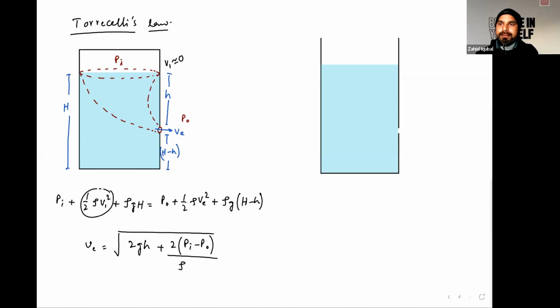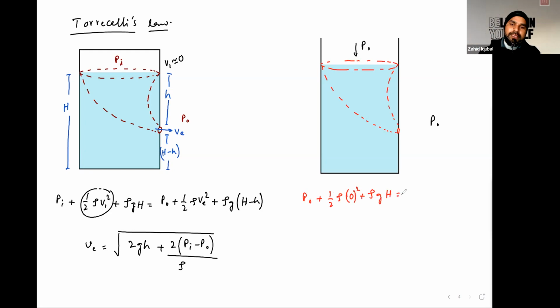But in terms of open tank, since at this point pressure will be P naught and also at this point pressure will be P naught, if you're assuming this particular part to be in the form of a tube, and you apply Bernoulli's principle in this section, it will be P1 plus half rho V1 square plus rho g h1 equals P2 plus half rho V2 square plus rho g (H minus h).